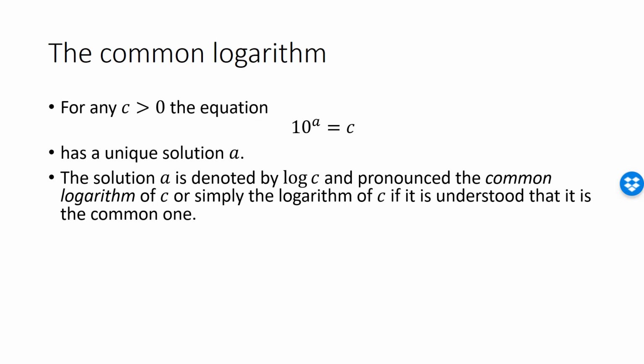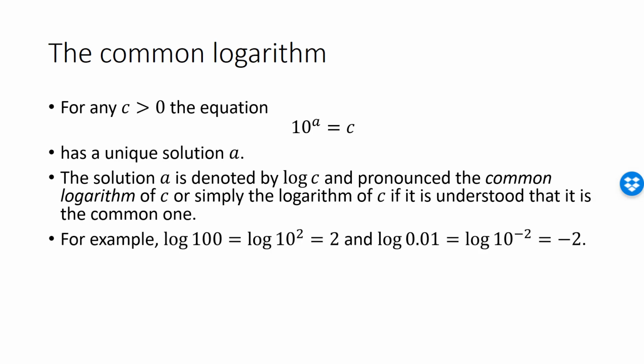Sometimes we drop the word common if it's clear from the context that the logarithm we're using is the common one. The logarithm of 100 is equal to 2 since 100 can be written as 10 to the 2, so that when c is equal to 100, a is equal to 2. Similarly, log of 0.01 is -2 since 0.01 is the same as 10 to the -2.